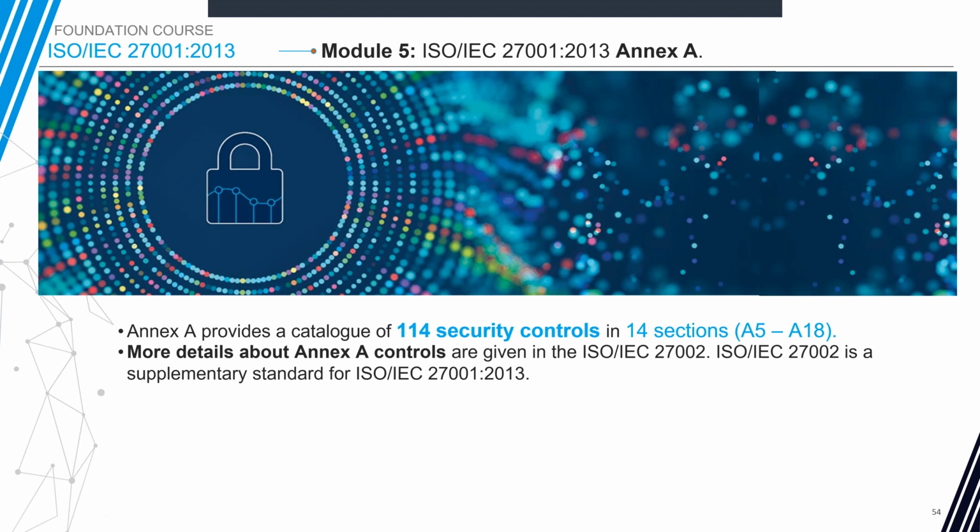ISO 27002 gives a detailed description of the Annex A controls. 27003 gives a detailed description for the clauses, the 10 clauses. This is the difference between 27001, 27002, and 27003.